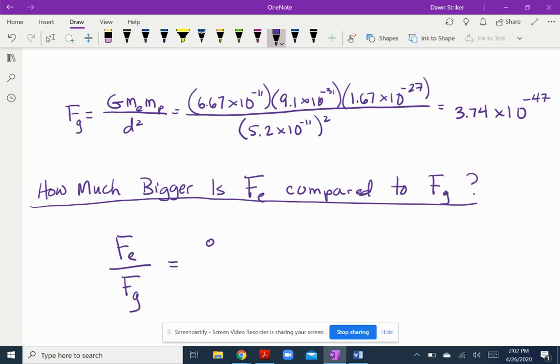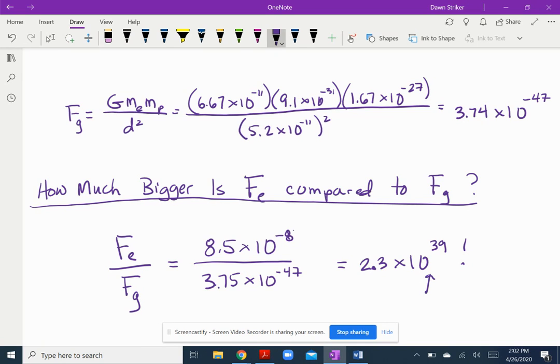8.5 times 10 to the negative 8 divided by 3.75 times 10 to the negative 47. Let's try it out. Holy moly. 2.3 times 10 to the 39 times.